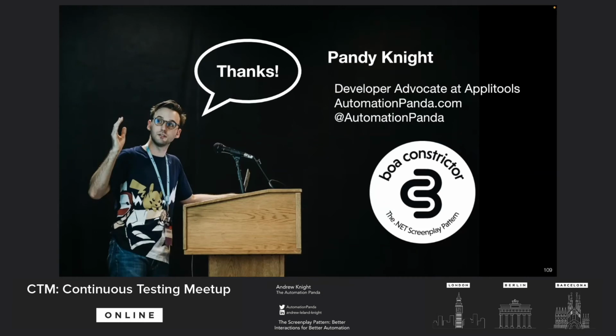Sure. I don't have as much hands-on experience with Serenity BDD because I haven't worked in a big project with it. I know that in Serenity BDD, they focus a little bit more on the name of the actor. Within Boa Constrictor, the actor is literally just an object. It's not meant to represent a persona necessarily. In Boa Constrictor, the actor is literally just the initiator of interaction.